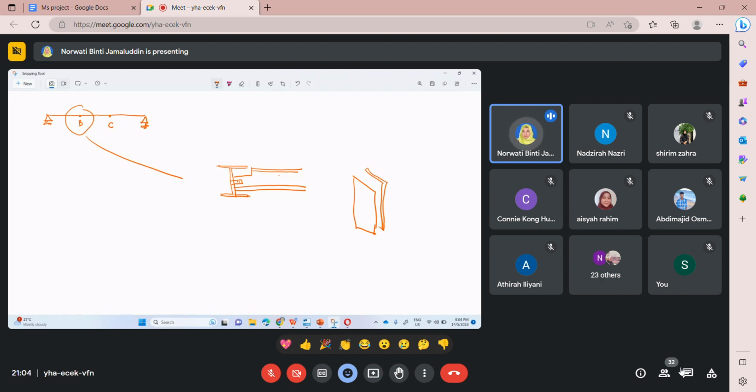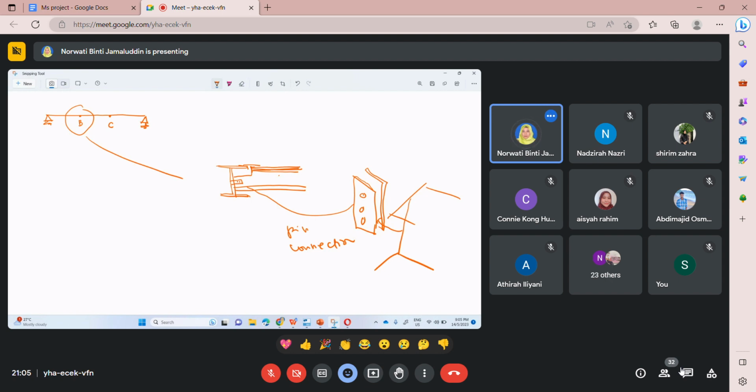And then this is where the web goes here, and then connect. This is fin plate. Fin plate means pin connection.